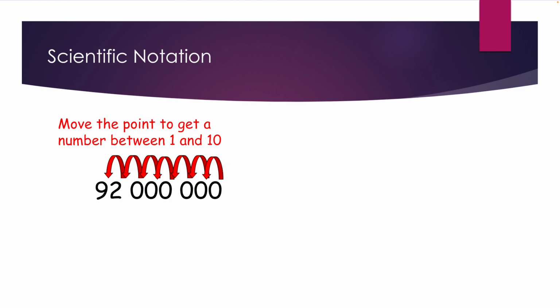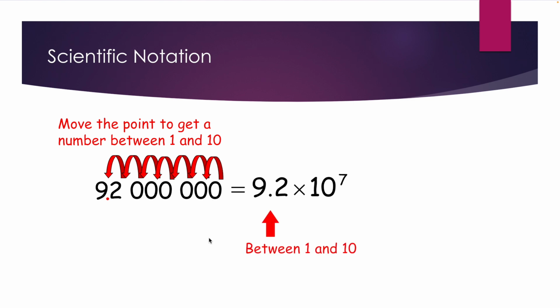And so to write it in scientific notation, we get 9.2 times 10 to the power of 7. In other words, I would have to multiply 9.2 by 10, 7 times to get back to its original number. So again, this first number is between 1 and 10, and the 7 is how many times I moved the decimal place, or how many times I would have to multiply by 10 to get back to my original number.